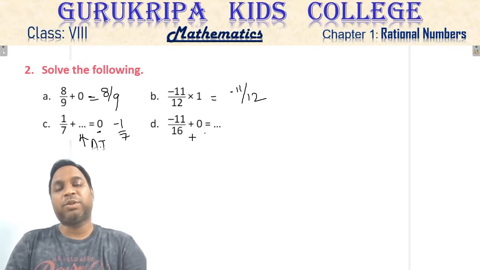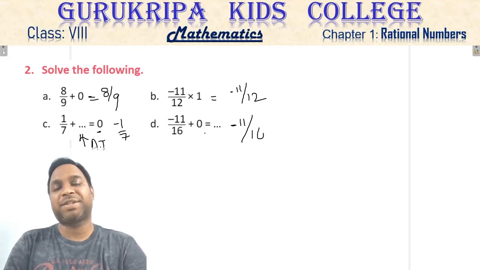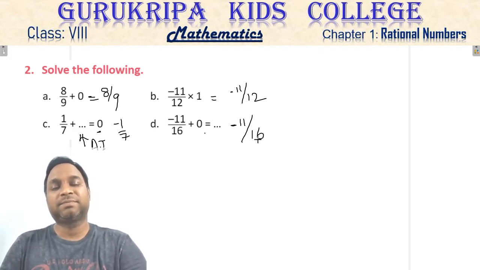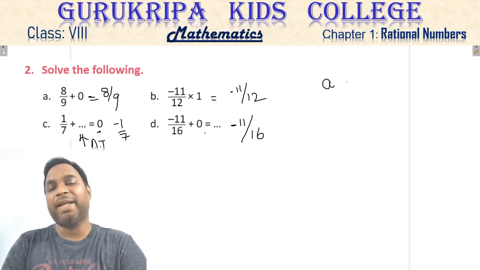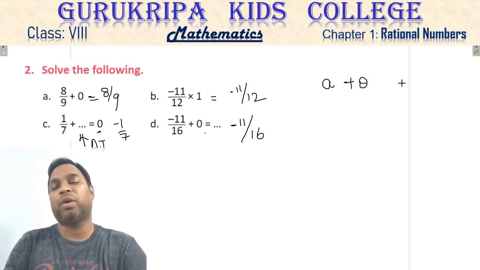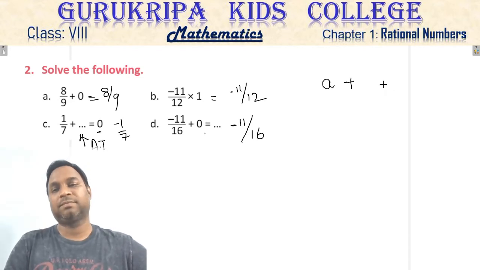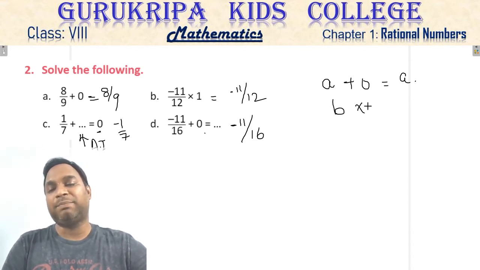Again, 0 is added to one number. What will the result be? Minus 11 divided by 16 itself. So here we have seen, take any number A, add 0 to it. What do you get? The number itself. Take any number B, multiply it by 1.